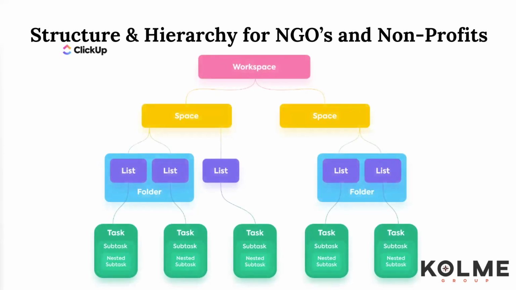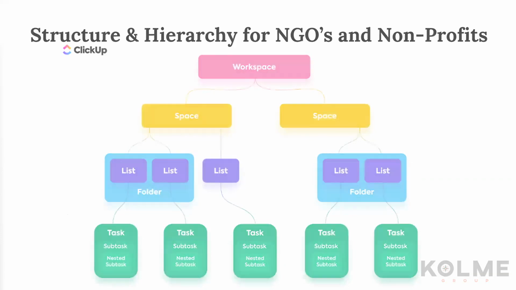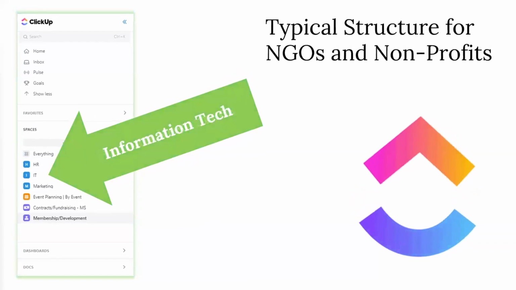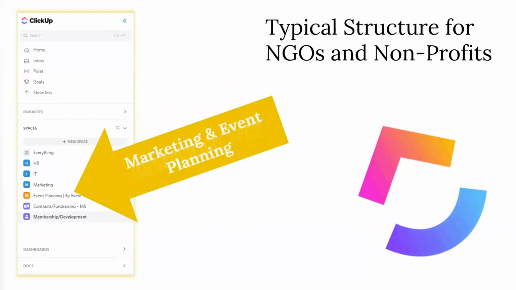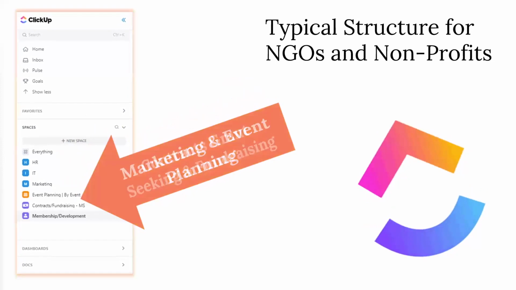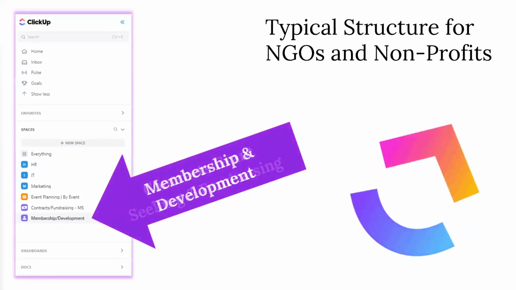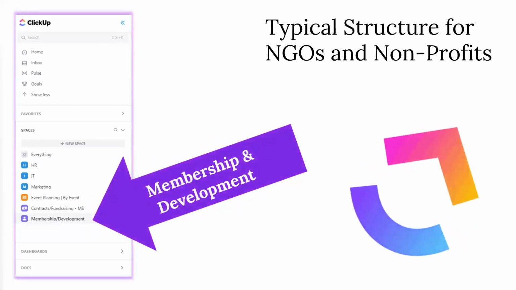ClickUp is hierarchy-orientated. An example of a hierarchy setup for NGOs and nonprofits includes spaces for each internal department, such as human resources, IT, marketing and event planning, contracts, grant seeking, fundraising, and membership development.